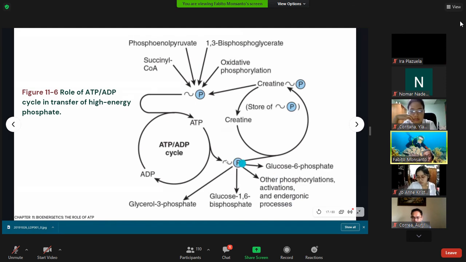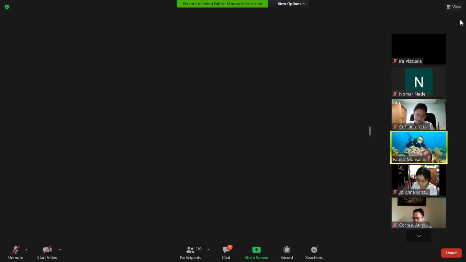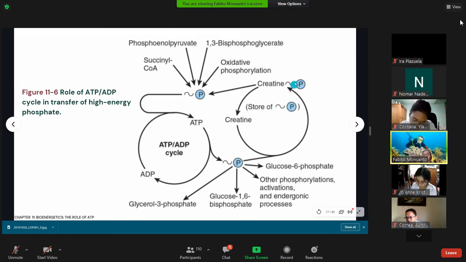So that high energy is added to your creatine here and becomes creatine phosphate. And you have that storage of creatine phosphate in your muscle. So that when the muscle contracts, creatine phosphate is released, because every time the muscle contracts, ATP is used.